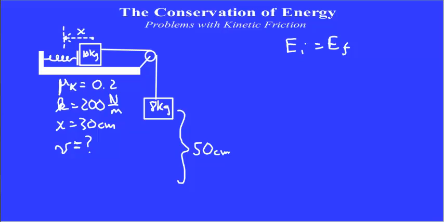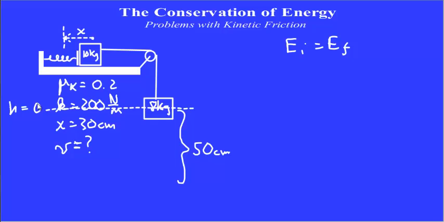Initially, before we can make any GPE determinations, we have to be clear about where our GPE level is. Just to mix it up, we're going to call our 0 GPE level right here where the block is originally. We'll call that height 0. And you'll notice that the block on the top is not changing its height, so its potential energy isn't going to factor in.